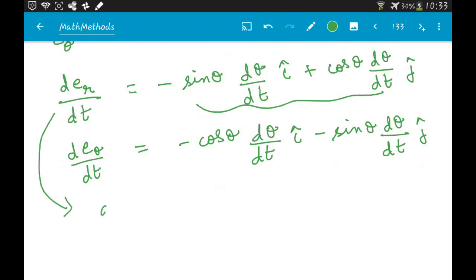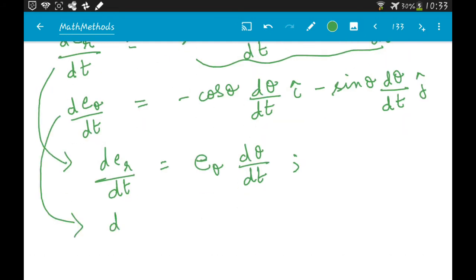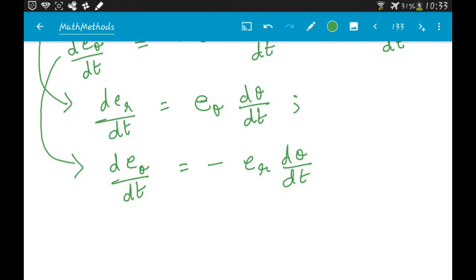So from here you can get dER by dt is nothing but E theta into d theta by dt. And similarly from this equation you can get dE theta by dt is nothing but minus ER d theta by dt. So this is how you can carry out differentiation of a vector.